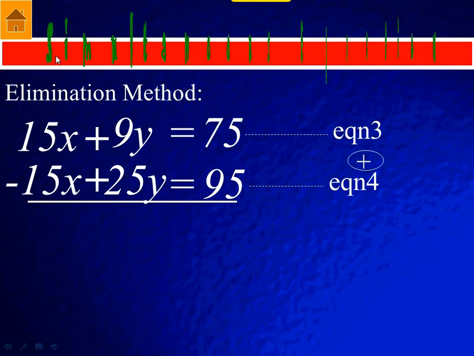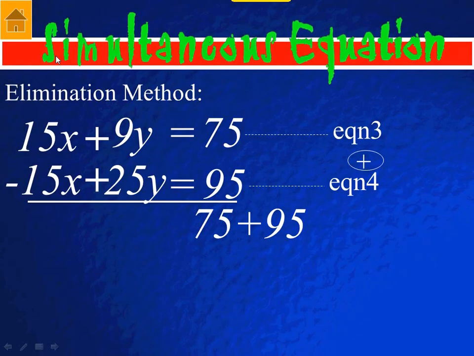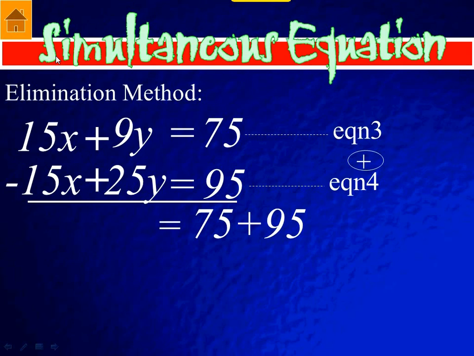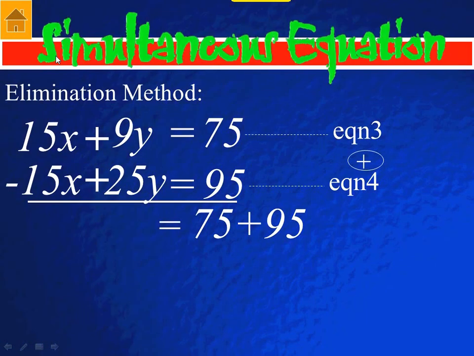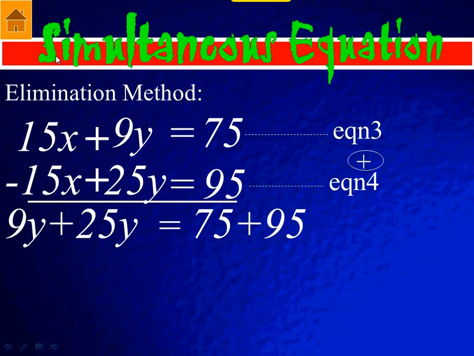Therefore, 75 plus 95 will go here, and then 9y plus 25y will go here. The 15x plus negative 15x would be 0, so that is left out of this.